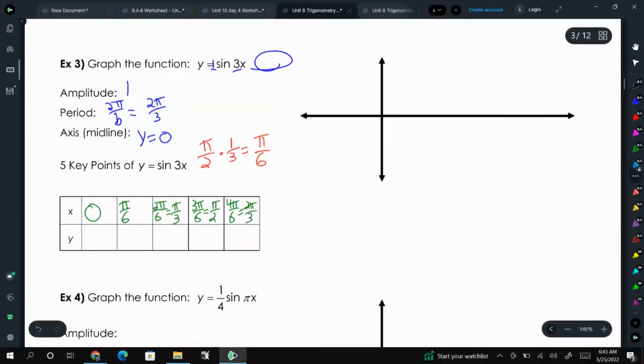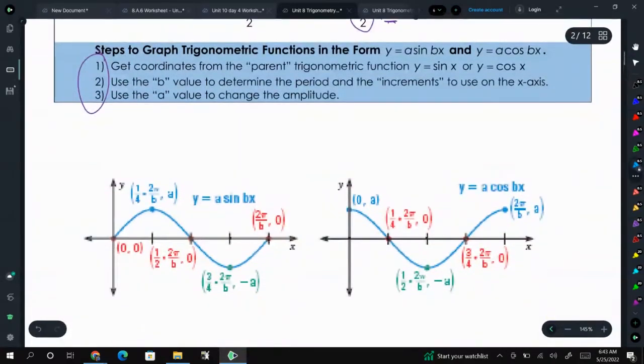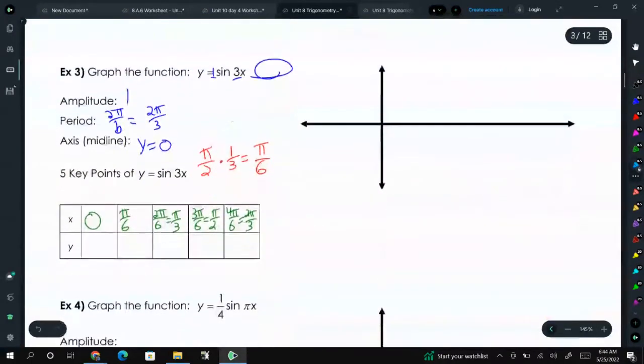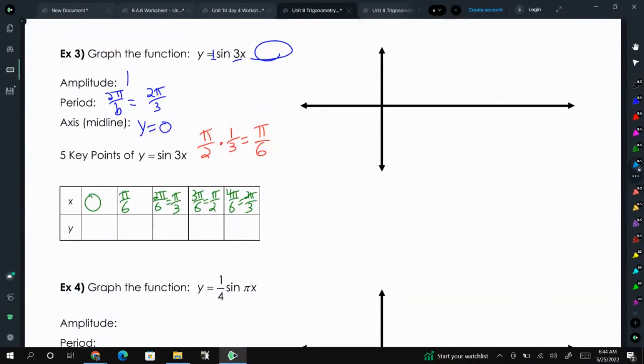Now the y values, sine starts, look up here, sine starts at 0, 0, and then it goes up, then back to the midline, then below, and then back up to the midline. So we can plug in the values if we wanted to, or you could use the pattern and see that it's going to go like this. But let's plug stuff in.